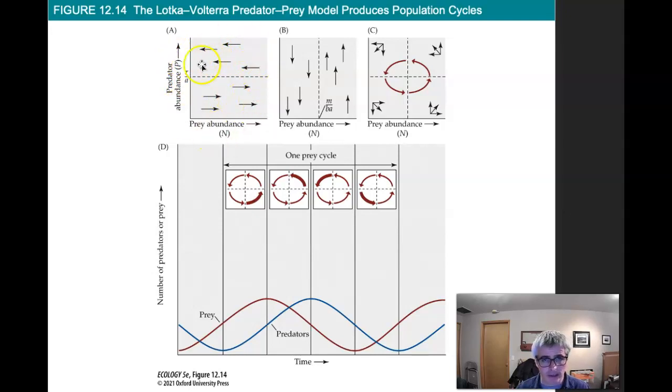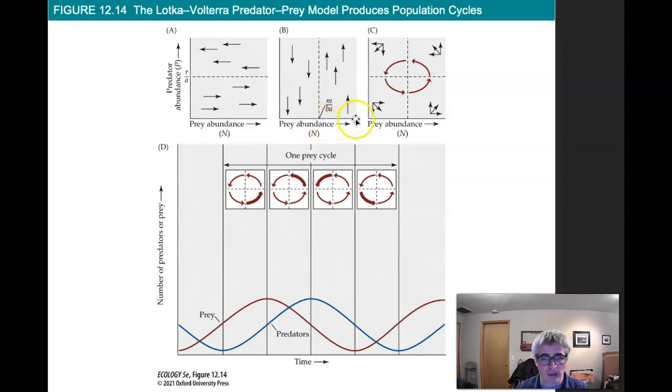So this is just looking at the prey side. Depending on where you are on the y-axis dictates what's happening on the x. Now we can flip that around and look at how prey abundance impacts predator abundance. So here we have our isocline of M divided by BA, mortality divided by the conversion rate of prey into baby predators times the capture efficiency.